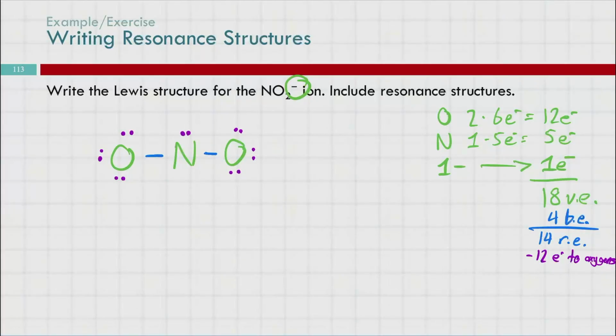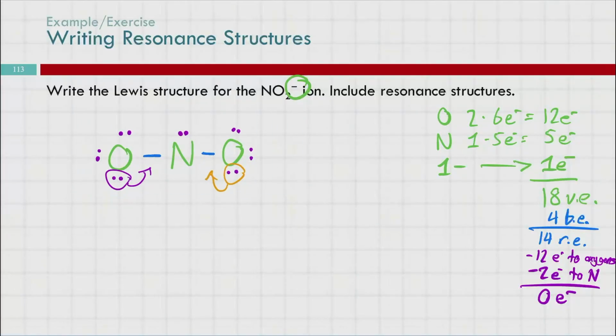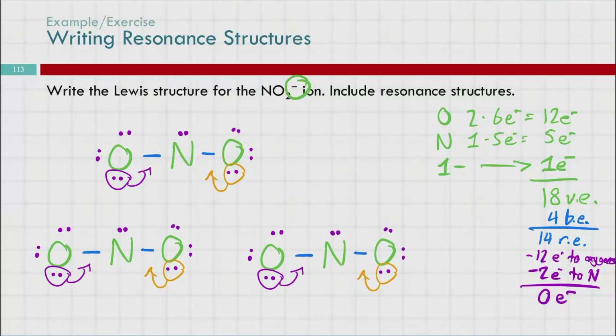So we're going to put those on the nitrogen, and that's all of our electrons. And then we've got a choice to make, but not really. Electrons in from the left, in purple, electrons in from the right, in orange, go Tigers. But of course, in reality, we do both.